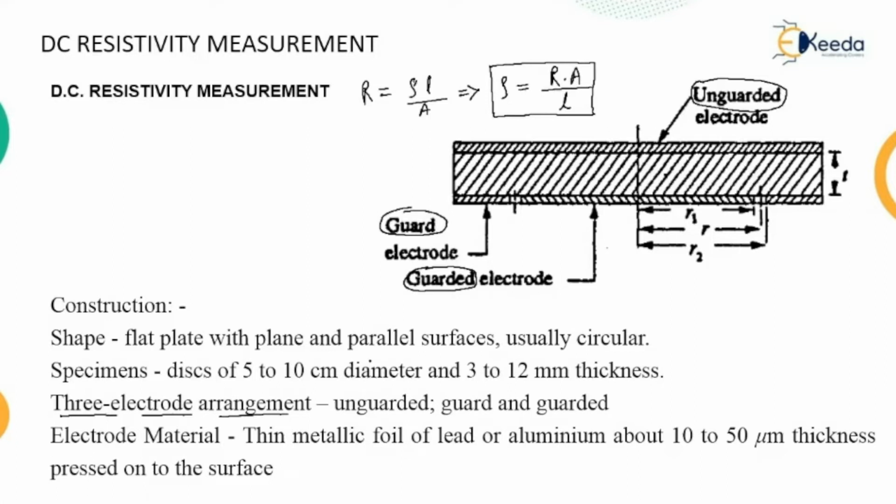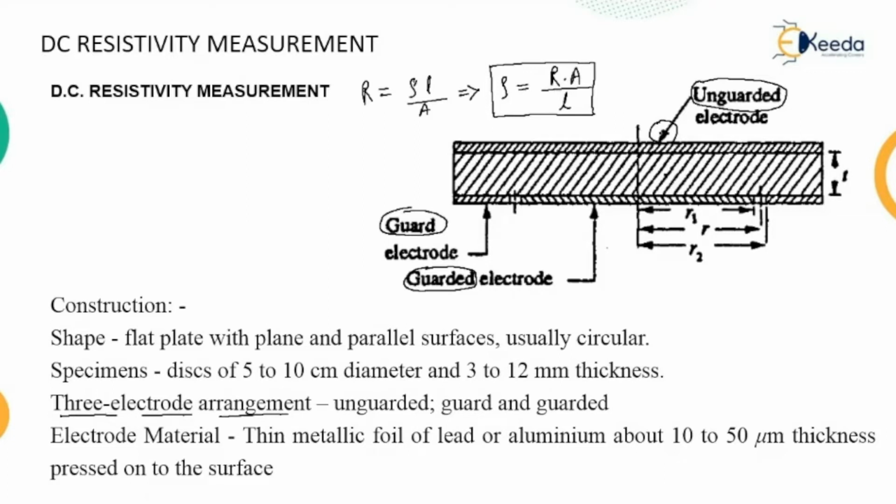The electrode which completely covers the surface of the specimen is called the unguarded electrode and is connected to the high voltage terminal. So this unguarded electrode must be connected to the high voltage terminal. The third electrode, which surrounds the other measuring electrode, is connected to a suitable terminal of the measuring circuit.